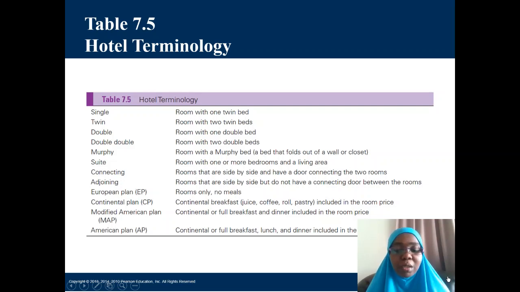So once you are lodging and you book for the American plan, that's the AP, it means that your room price already includes the breakfast, either the continental or the full breakfast, the lunch, as well as the dinner. So all these are some of the lexicons or terminology that are used in the hotel.